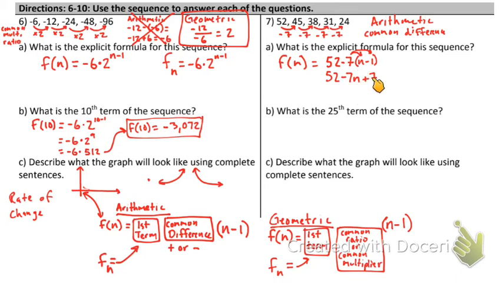Okay, and you only can do this for arithmetic formulas. Now we're going to combine these like terms. Positive 52 and positive 7. If I combine those, they give me positive 59. So my cleaned up or simplified formula is negative 7n plus 59.